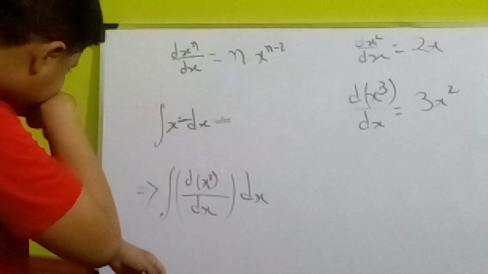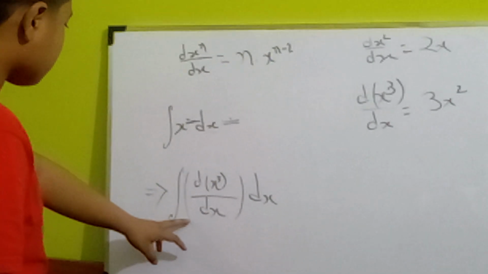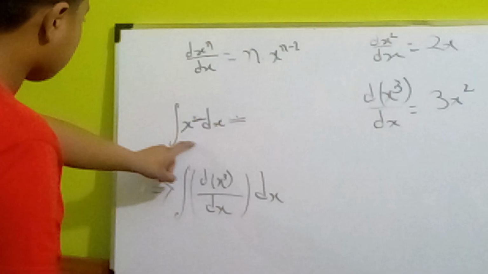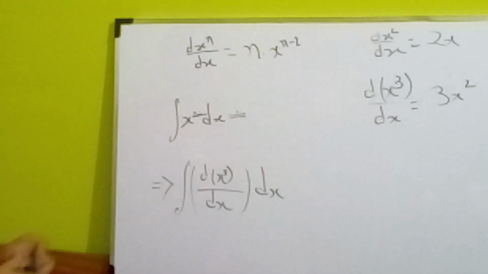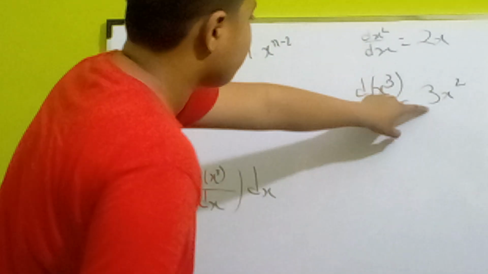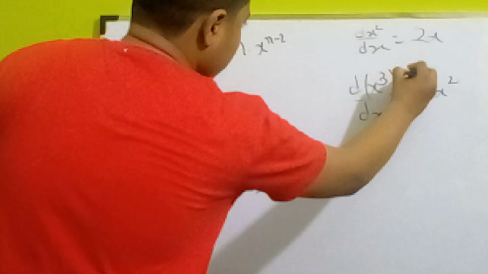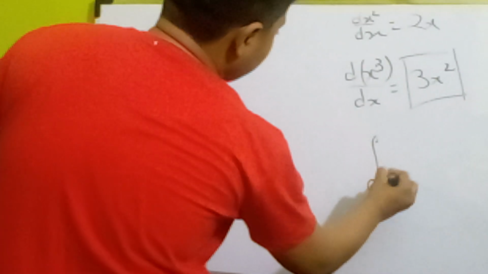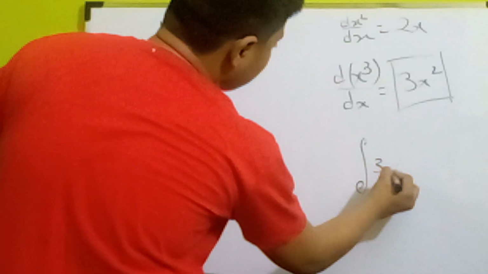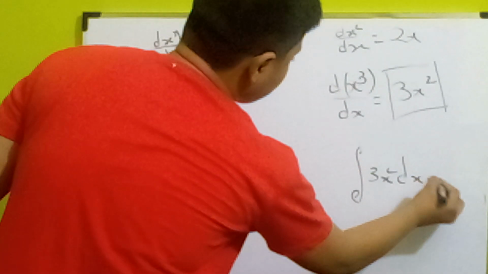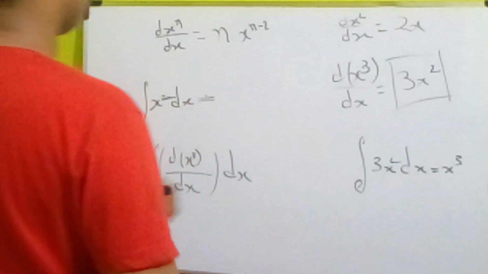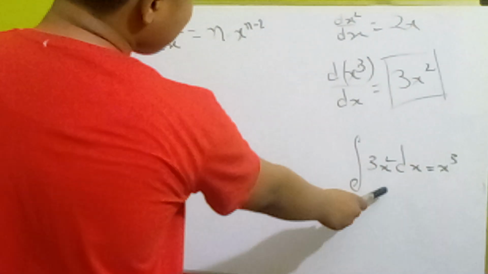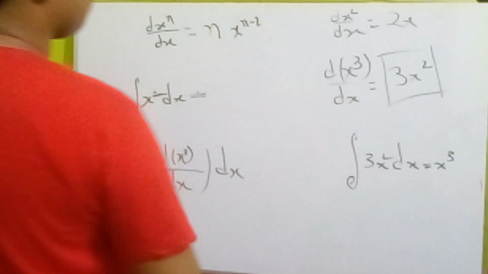So we just want x squared here. What if this function here has the integral of x cubed, but we're not interested in 3 here.